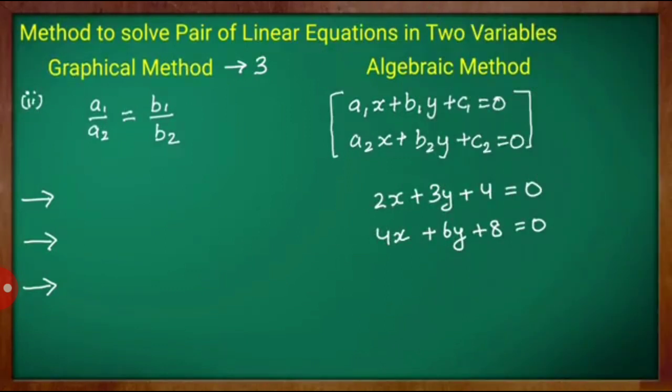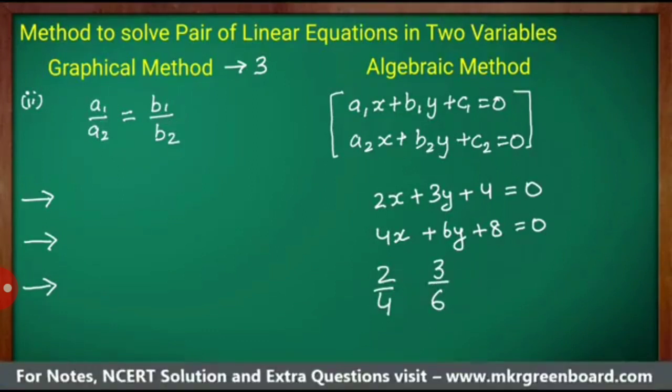Now for the second case, we have taken a second example: 2x plus 3y plus 4 is equal to 0, 4x plus 6y plus 8 is equal to 0. It's a pair of linear equations. On comparing a1 upon a2, b1 upon b2 and c1 upon c2: a1 upon a2 means 2 upon 4, b1 upon b2 is 3 upon 6 and c1 upon c2 is 4 upon 8.